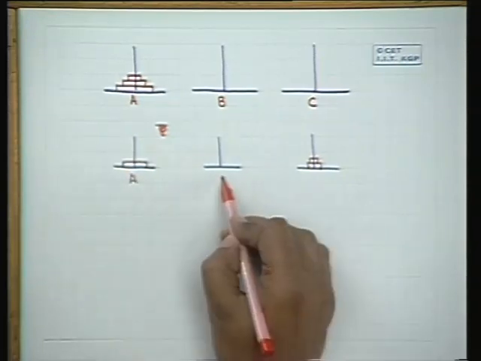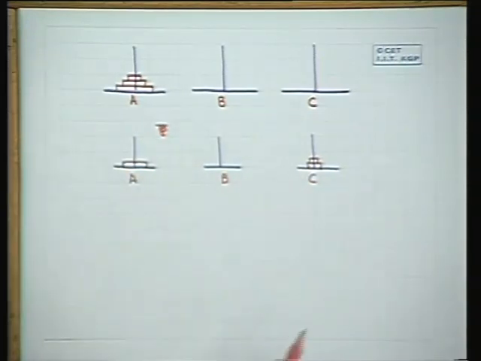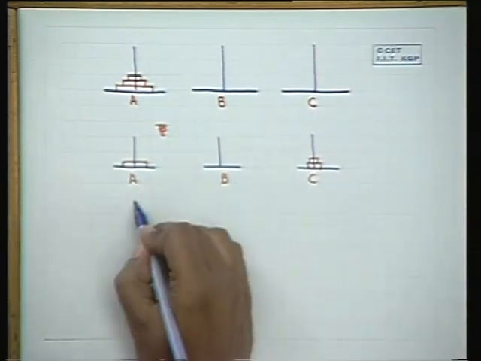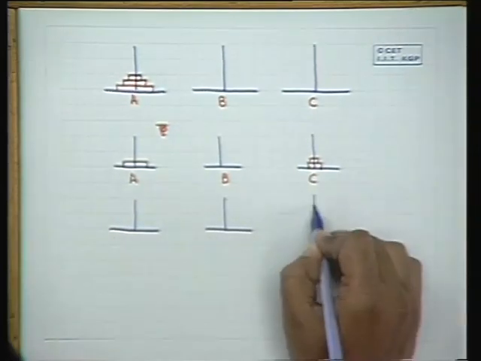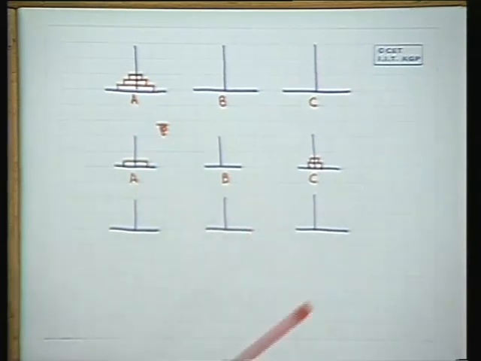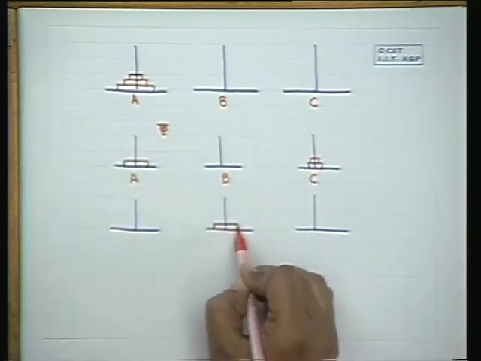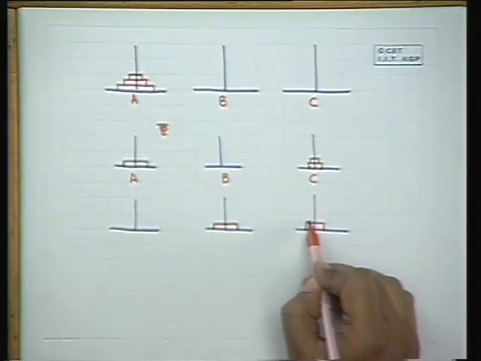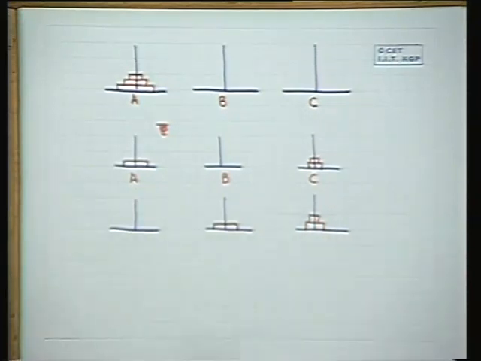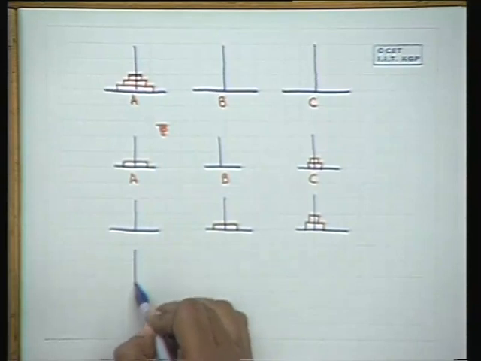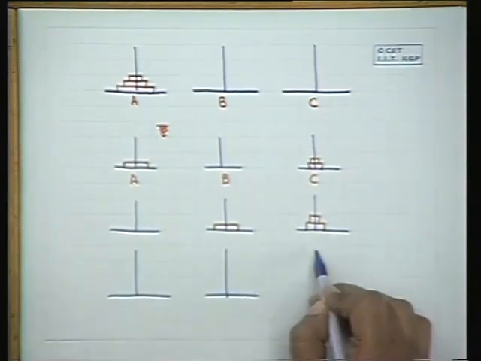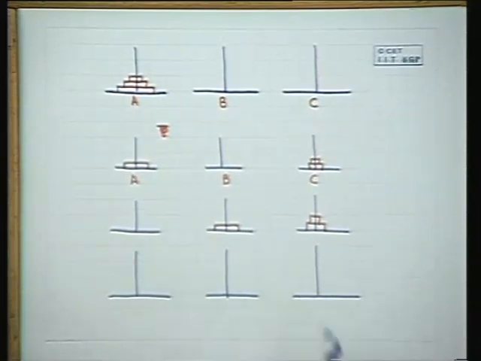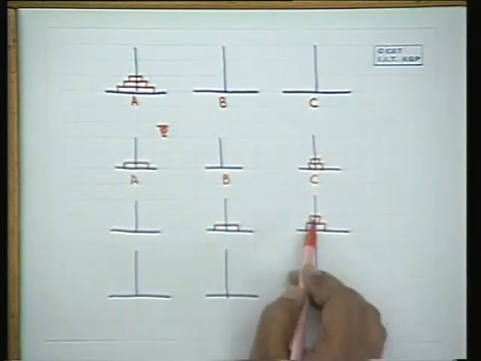A, we solved this. Then the next step that we did was this. And the next step that we did was move these to here.